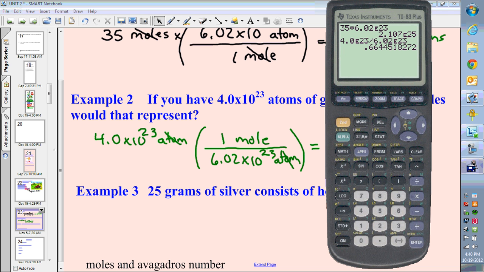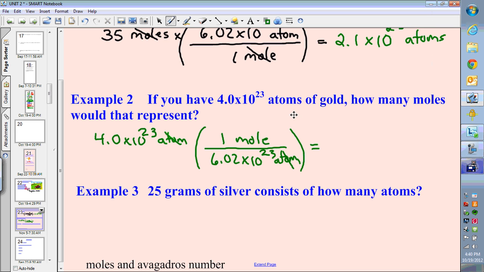Why would you waste your time typing that in? Instead, type 4.0, divide by 6.02, and guess what you're going to get? The exact same answer. Save yourself the keystrokes, use your brain a bit instead, and save yourself some time as well. So 0.6644, 0.66 moles. So not quite 1 mole. You've got 2/3 of a mole there.